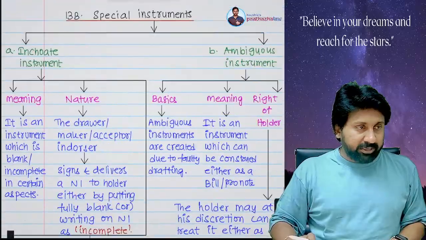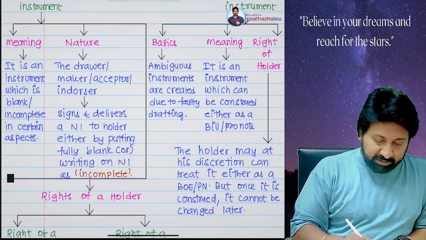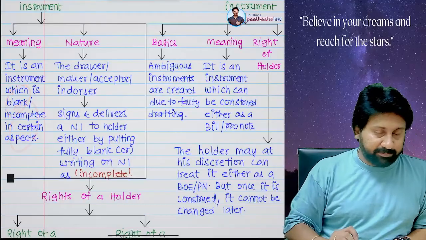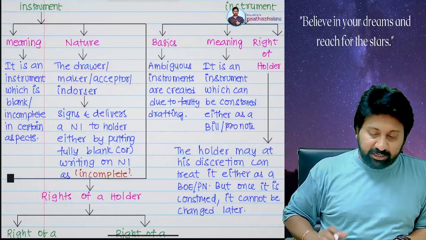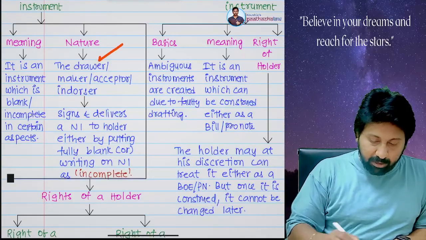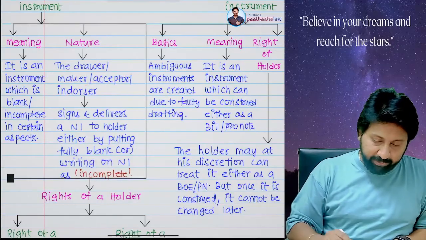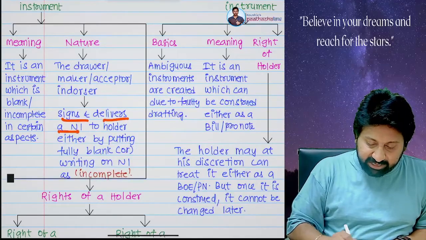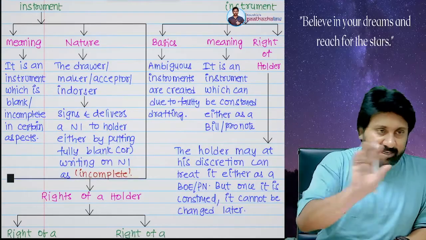So see, an inchoate instrument means an instrument which is blank or incomplete in certain aspects. Next, the drawer, maker or acceptor or endorser: the drawer of a bill or a promissory note, maker or acceptor or endorser, anyone, signs and delivers a negotiable instrument to a holder. Signs and delivers. Signing is mandatory.